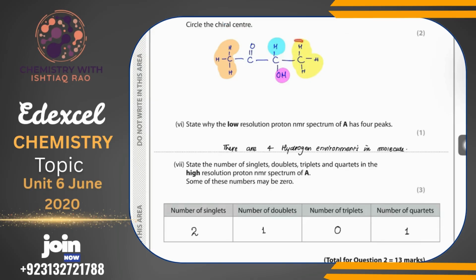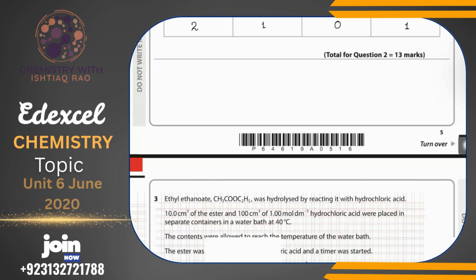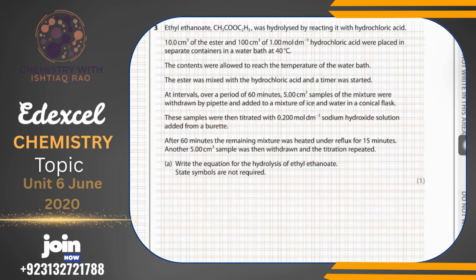Where is the doublet? For this one: these three hydrogens have one neighboring hydrogen atom. Ah, sorry. Yeah, yeah. One second. Okay, next.